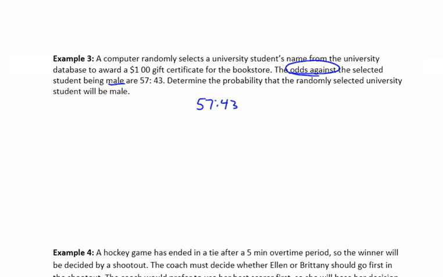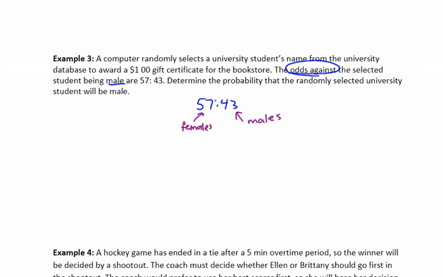So what does that mean? The 57 is what? If you're not a male, what are you? Female. So these are not males. 57 not males, or females, to males.